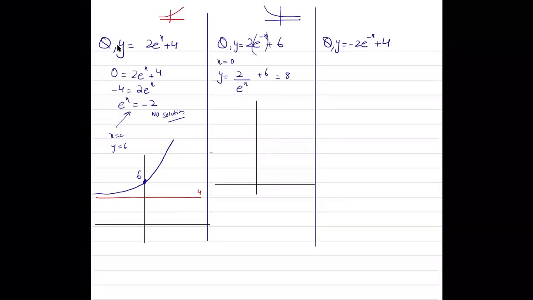So let's say this is 6. The entire graph is going to be above 6 and will have a shape like this. And this point is going to be 8. You can see it's not intersecting the x-axis because it is way above the x-axis.